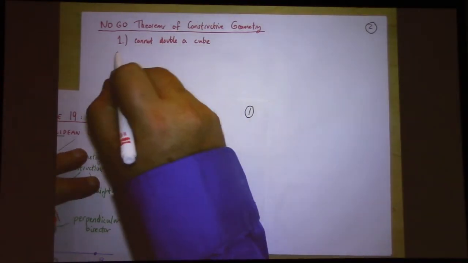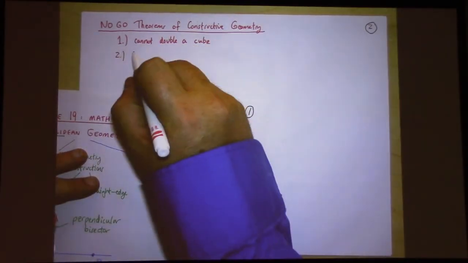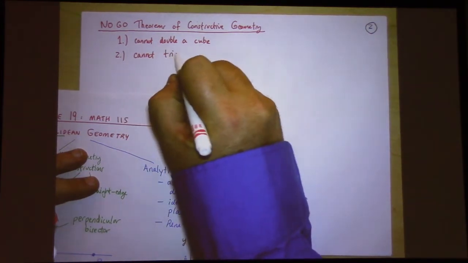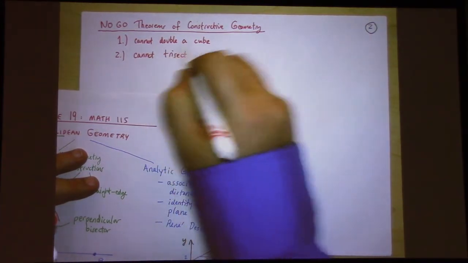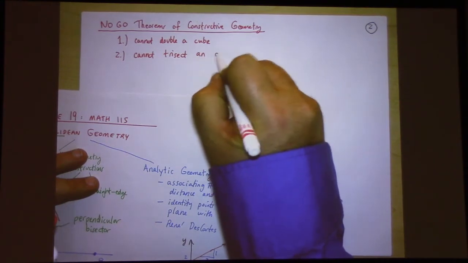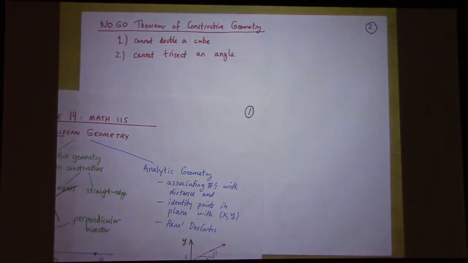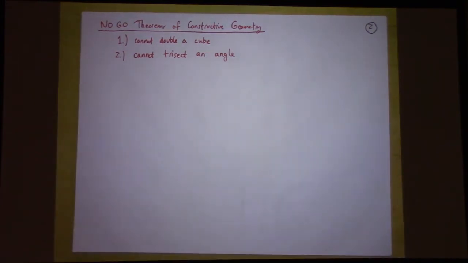Another one you can't do is you cannot trisect an angle. If you wanted to divide an angle into three pieces using straight edge and compass constructions, you can't do that.